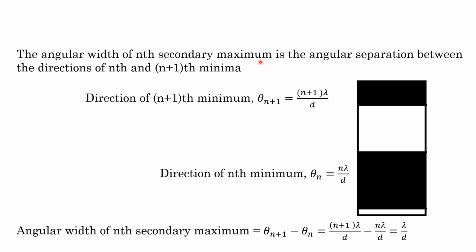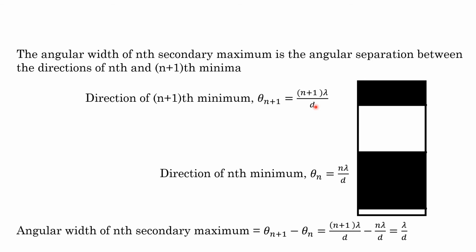The angular width of this nth secondary maxima is the angular separation between the nth and the n plus 1th minima. If this is my nth minima, then the direction of the nth minima, or I can say the angle of the nth minima, is theta n equals n lambda by d. Now the direction of the n plus 1th minimum will be theta n plus 1 equals n plus 1 lambda by small d.